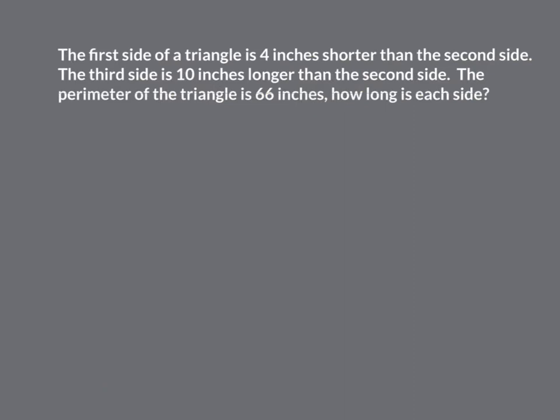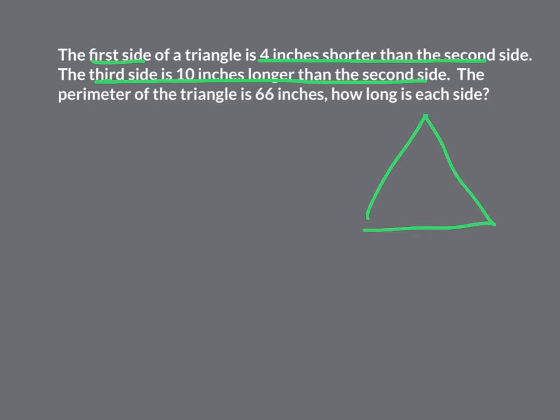All right, the first side of a triangle, so we've got a triangle. And it says the first side is 4 inches shorter than the second. And the third side is 10 inches longer than the second.